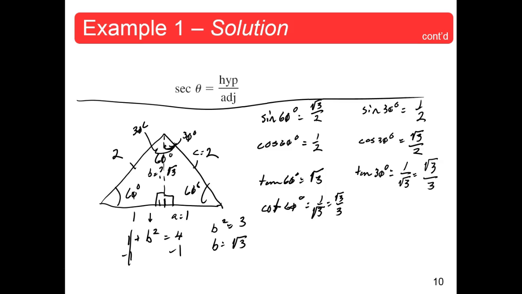And did you want to go on and do secant of 60? What would that be? 2. And cosecant of 60?